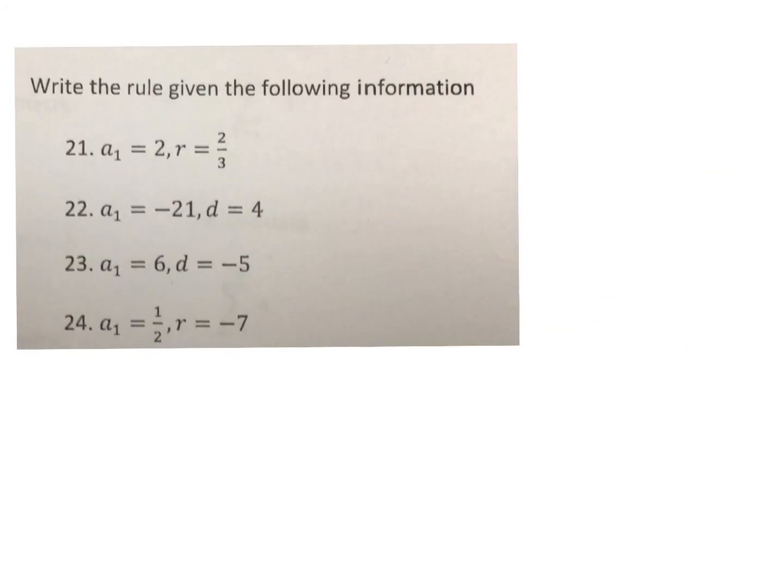All right, number 21, write the rule given the following information. Our two rules: arithmetic, an equals a1 plus n minus 1 times d; geometric, an equals a1 times r to the n minus 1. So if it's giving me r, I'm using the geometric, so a1 is 2, r is 2/3.